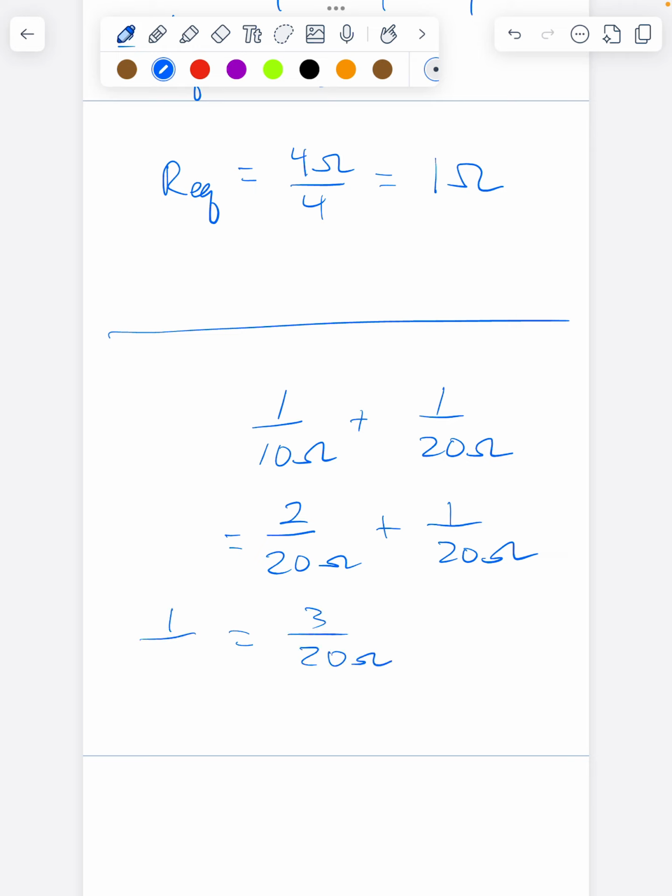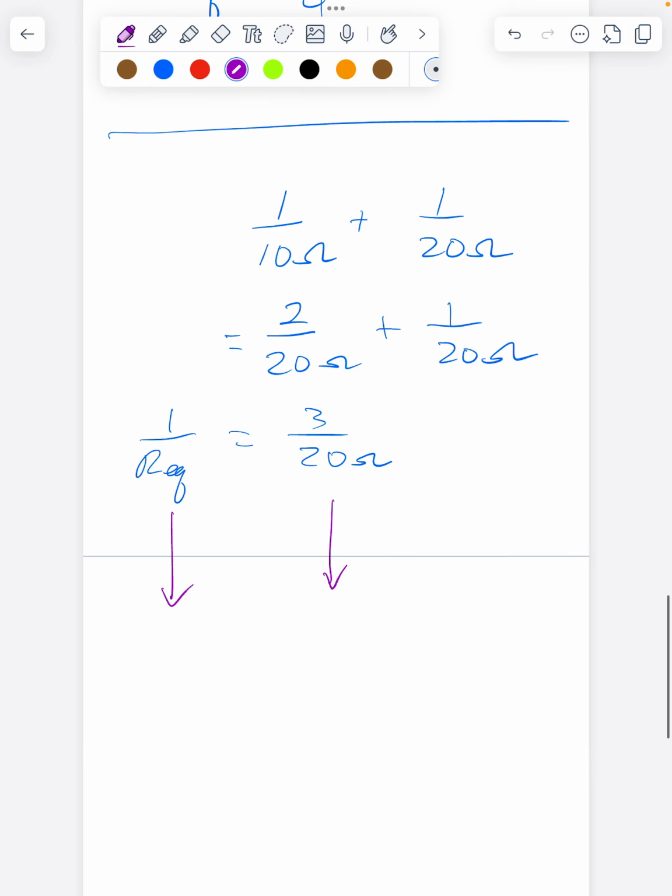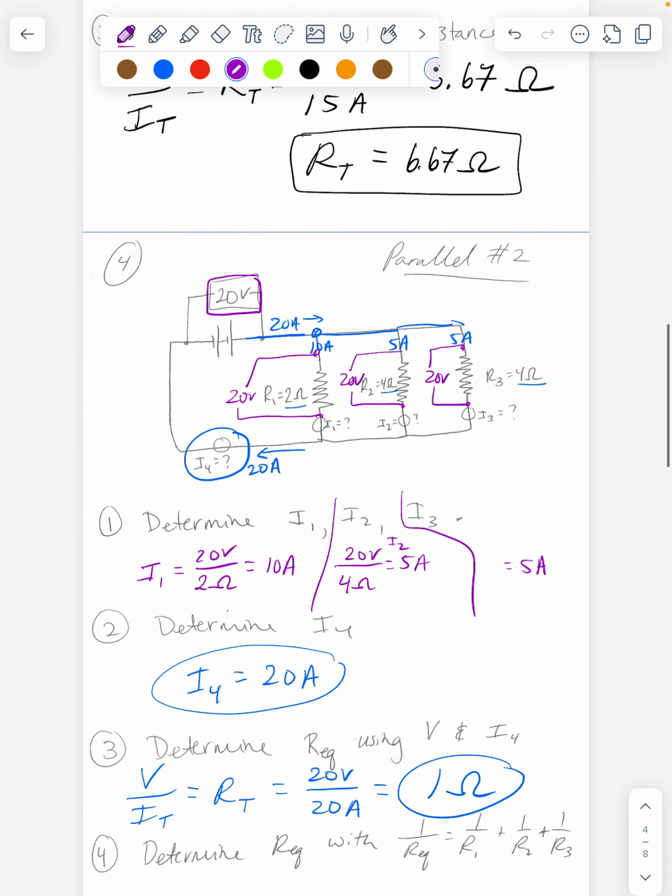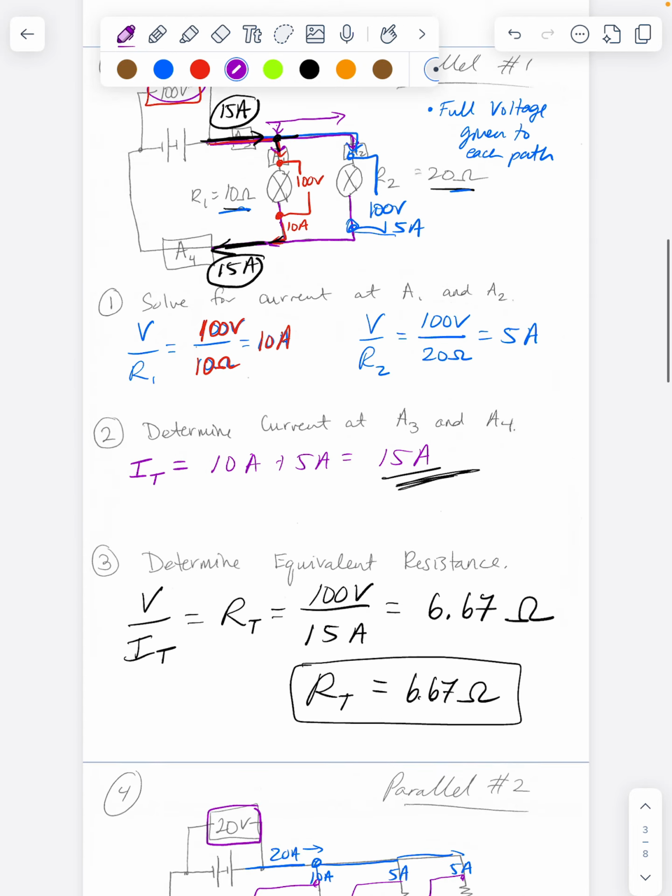Okay, now that's 1 over the equivalent resistance. So the last and the trickiest step is that you've got to flip these two to actually solve for the equivalent resistance. So 20 over 3 instead of 3 over 20. 20 divided by 3 is 6.67 ohms, which is what we figured out with all these other steps in the first question about parallel, right?